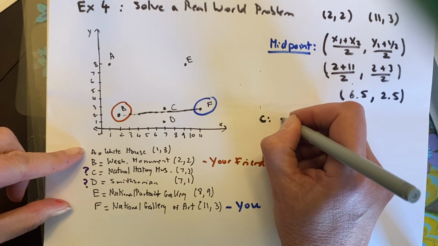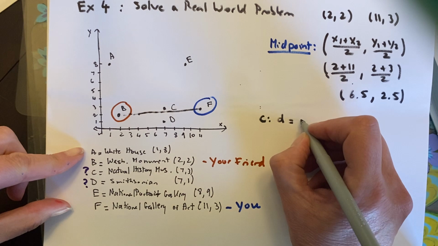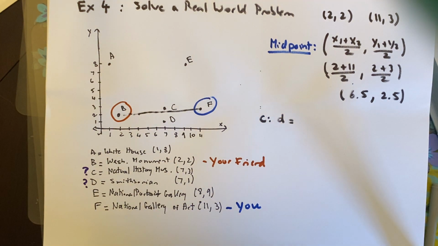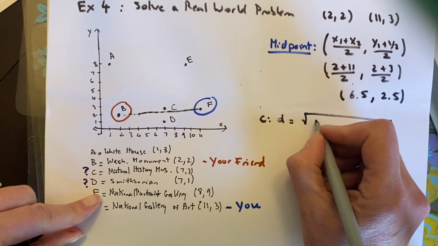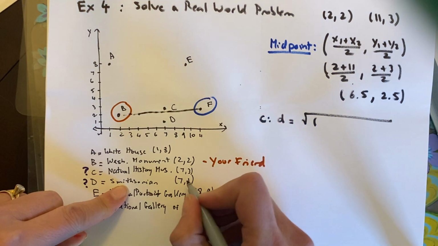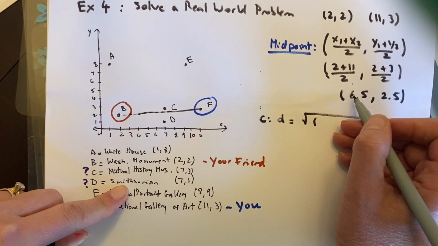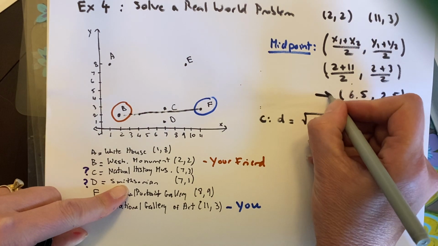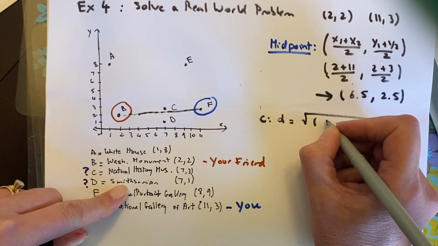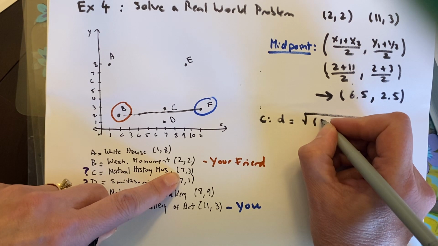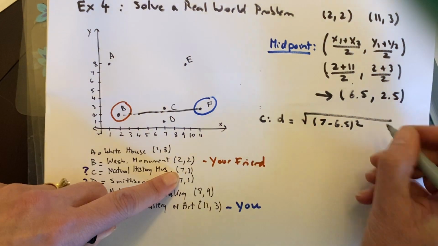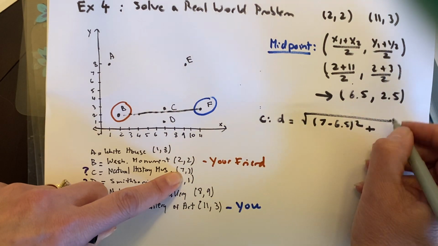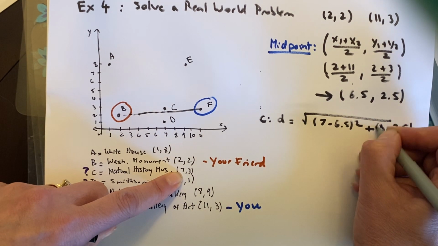For point C, the distance formula equals the square root of x2 minus x1. So I'm going from the midpoint, right? So this is my first point, to point C. So that's going to be 7 minus 6.5 squared, the difference of those x's squared, plus 3 minus 2.5 squared.